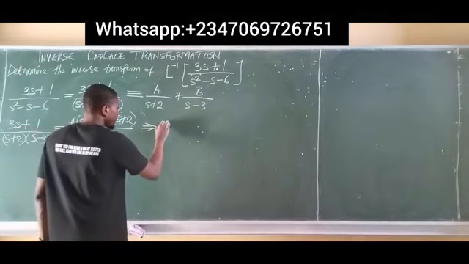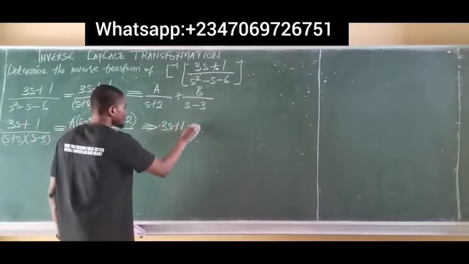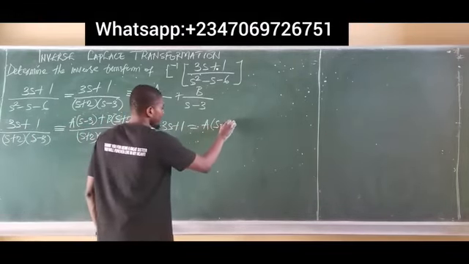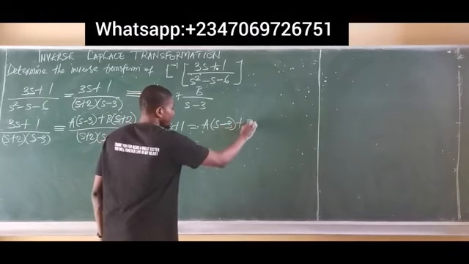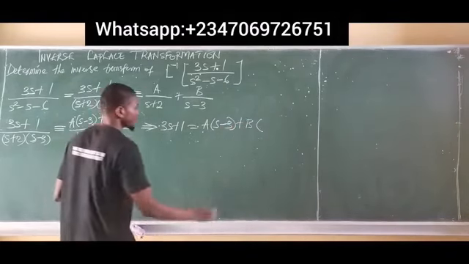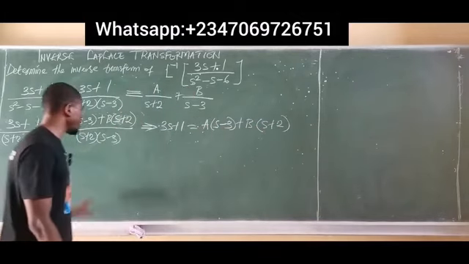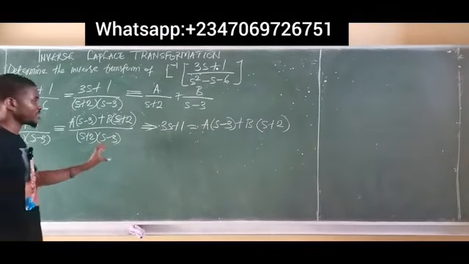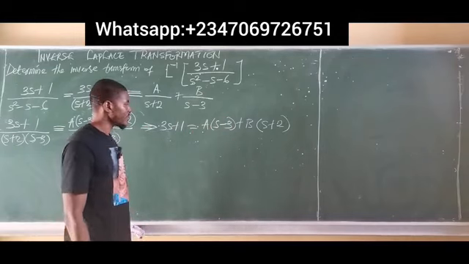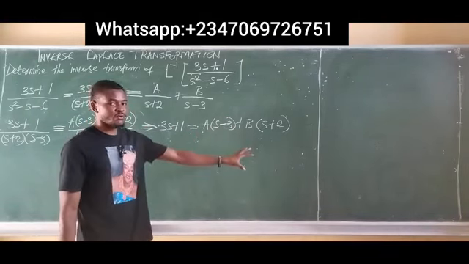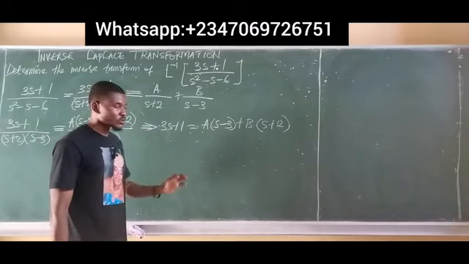I have 3s plus 1 to be equal to a times s minus 3 plus b times s plus 2. Since denominators are the same, their numerators must be the same. Now I need to find the values of a and b by a very simple shortcut.